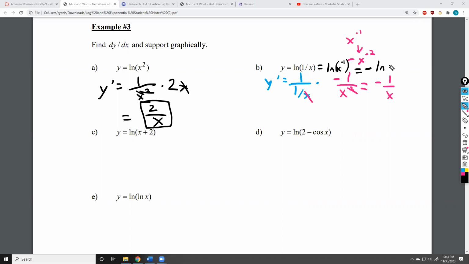And so this is the same as the negative natural log of x. So that means the derivative is going to be negative. Derivative of natural log of x is 1 over x. So if you can catch that simplifying, then it can make things a little bit easier.